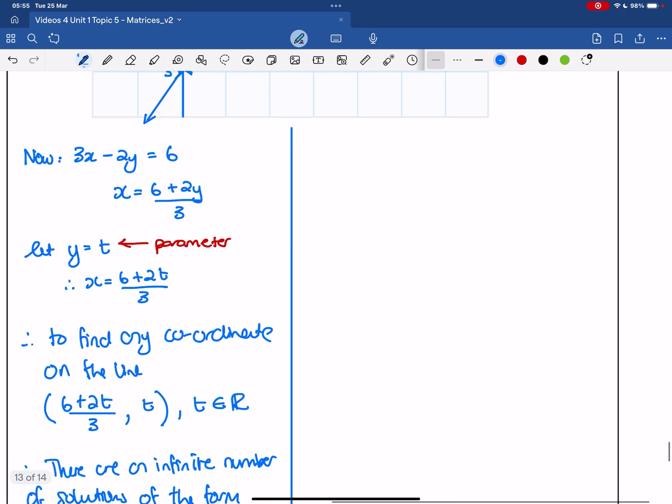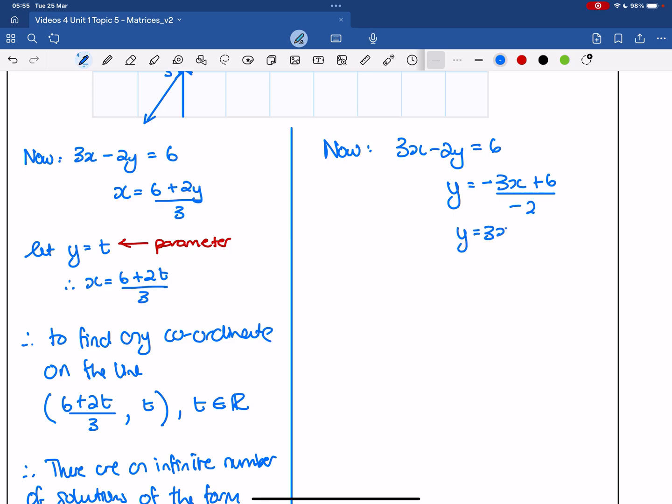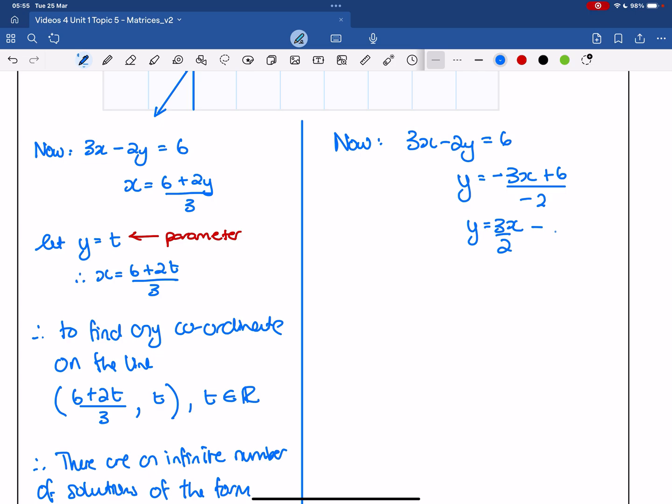We could also have said, well, 3x minus 2y equals 6, and I could have put it into my y equals, or my gradient intercept form, which I have done already. So negative 3x plus 6 over negative 2, and we have already, maybe that's a good reason to have chosen x, 3 over 2 x as my parameter, because I've already got that equation.